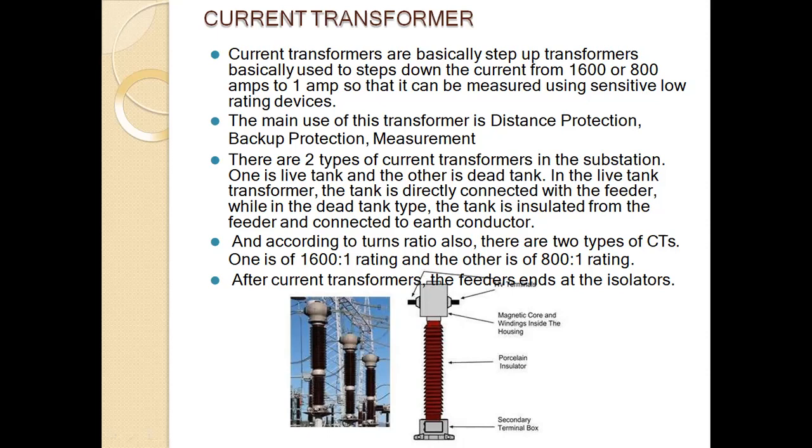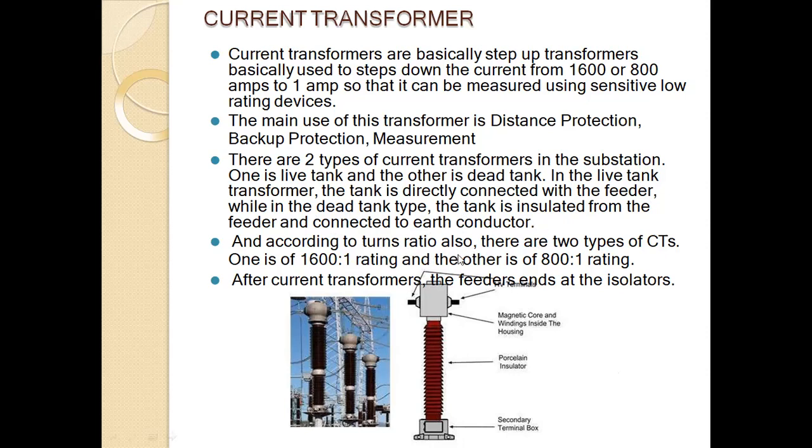There are two types of current transformer in substations: one the live tank and the other the dead tank. In the live tank transformer, the tank is directly connected to feeders. These are feeders, so many feeders are there. While in the dead tank type, the tank is insulated from the feeder and connected to the earth conductor.